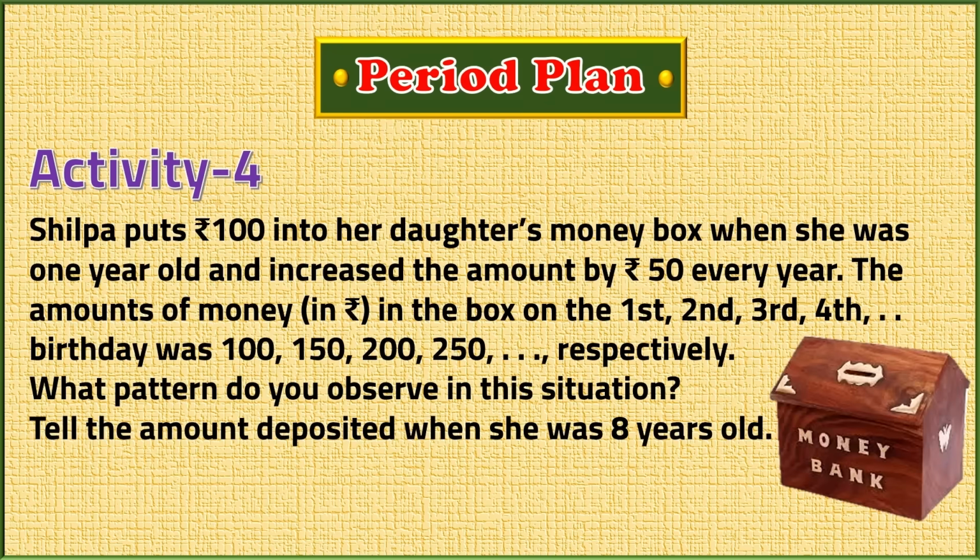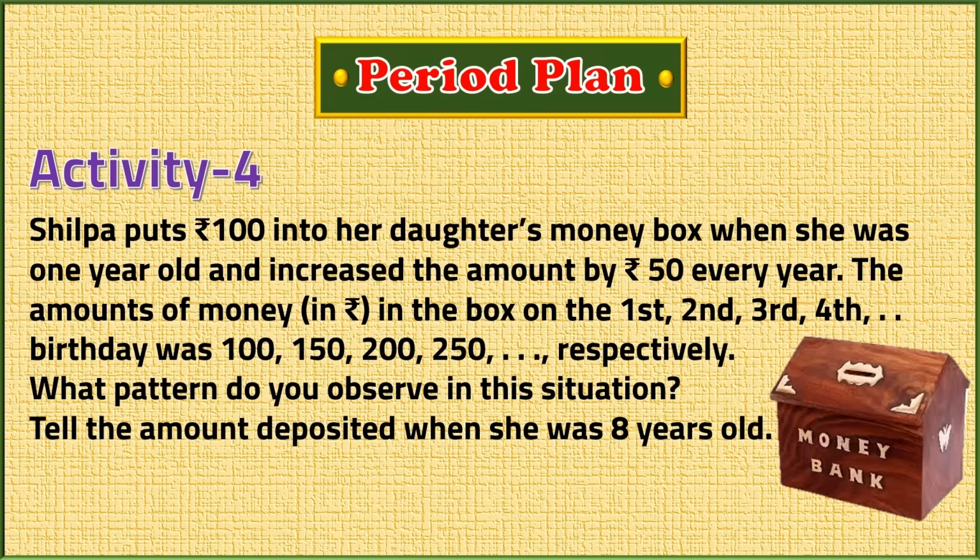Activity 4. Shilpa puts 100 rupees into her daughter's money box when she was 1 year old and increased the amount by 50 rupees every year. The amounts of money in rupees in the box on the first, second, third, fourth birthdays were 100, 150, 200, 250 and so on respectively.